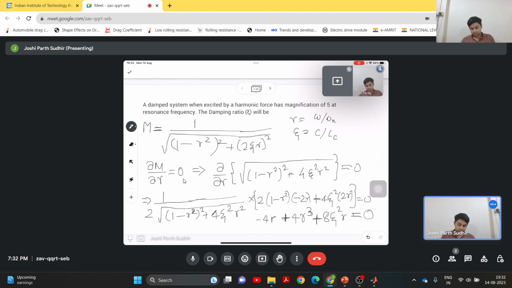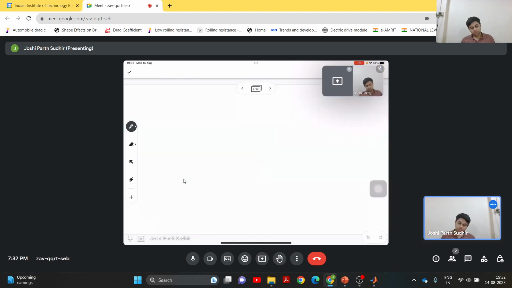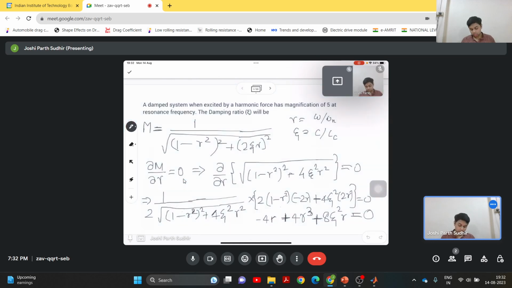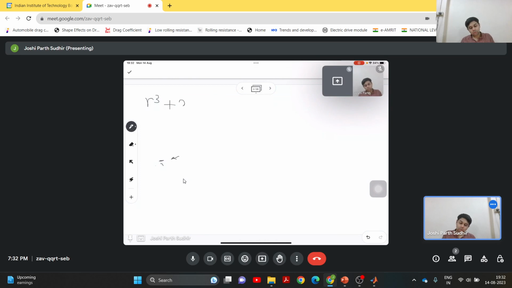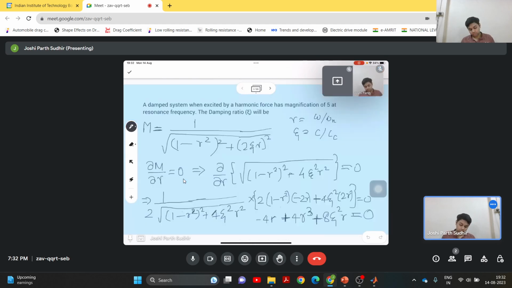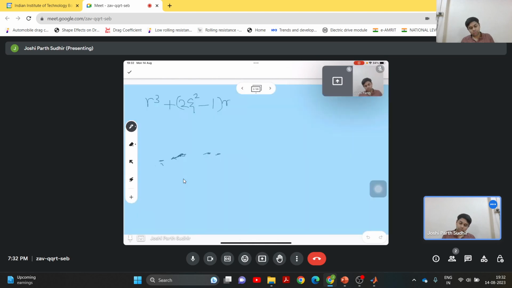Which means r cube plus (2 zeta square minus 1) into r is equal to 0.